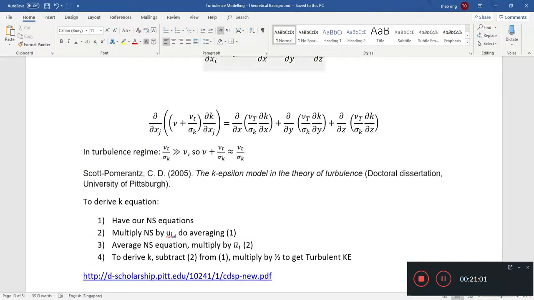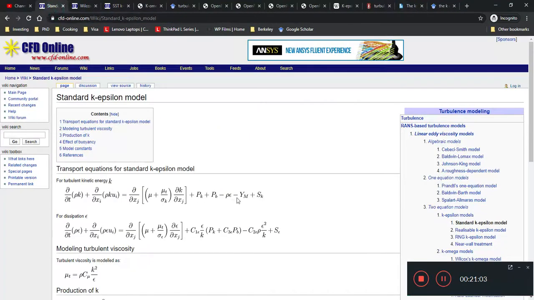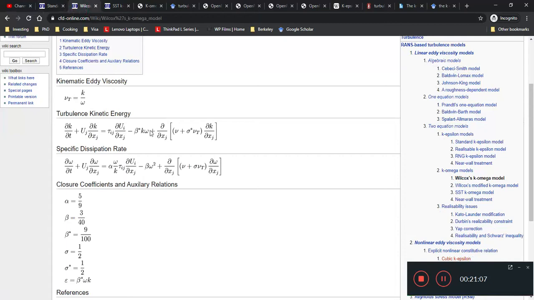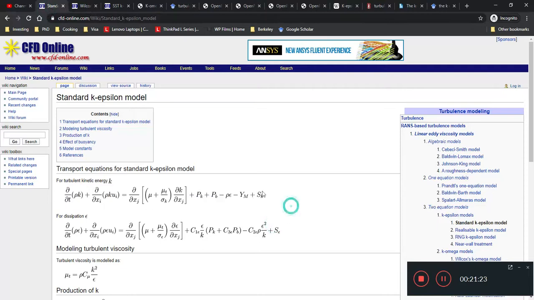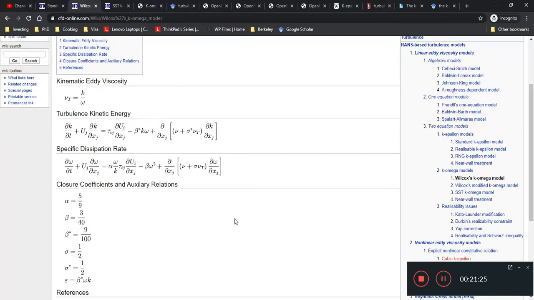So this is what we get for the K-epsilon equation, right? This is the one. And if you take a look at this equation here, from the k-omega model, we have our K equation here.